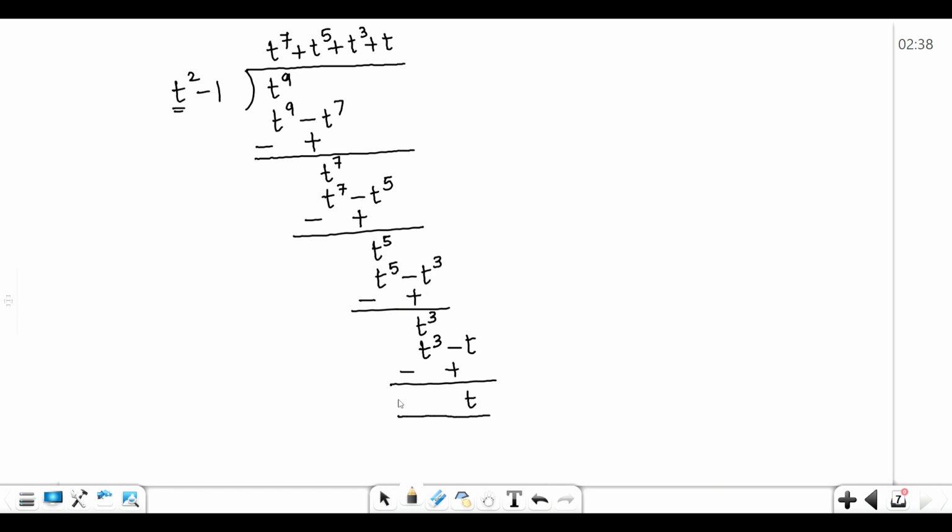Now what we have in the numerator here, this is your quotient. Okay, this is your remainder, and this is what we call the dividend, and this is the divisor.